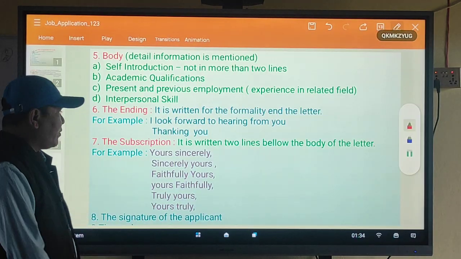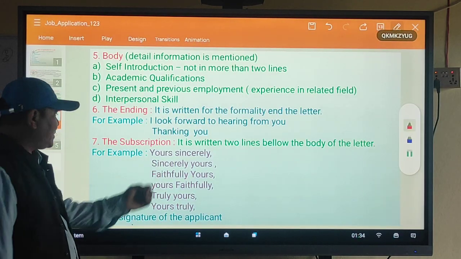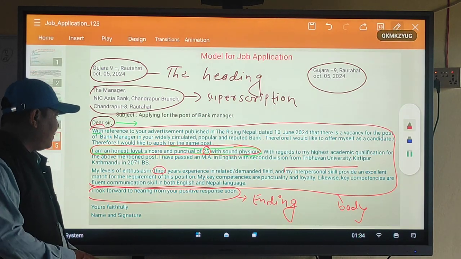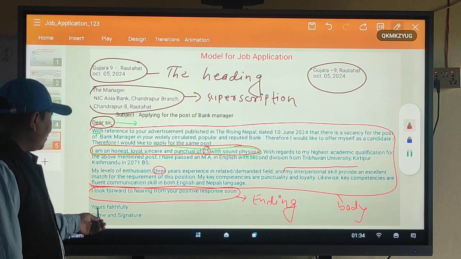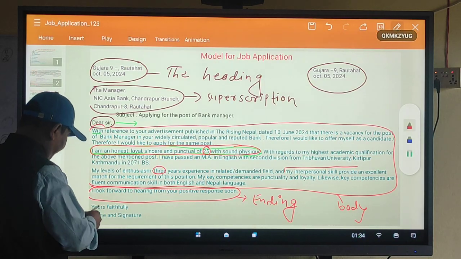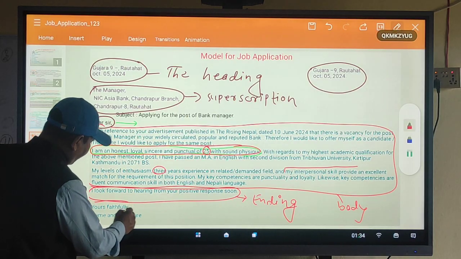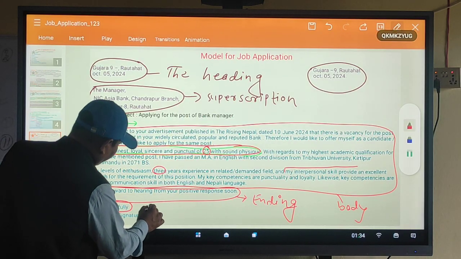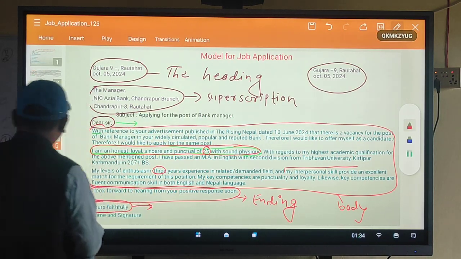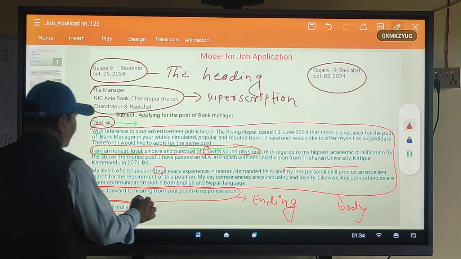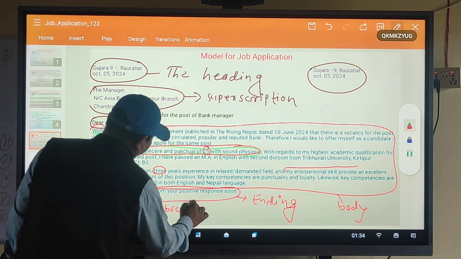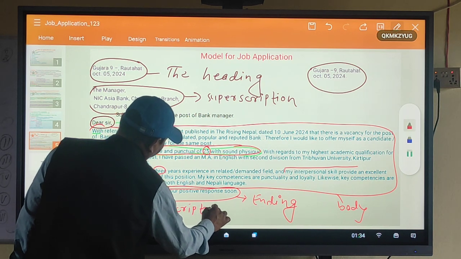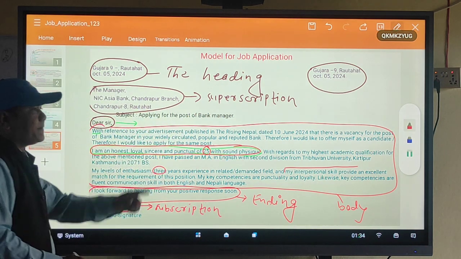You can select with your own wish, as I have written here, yours faithfully. This is the subscription part.